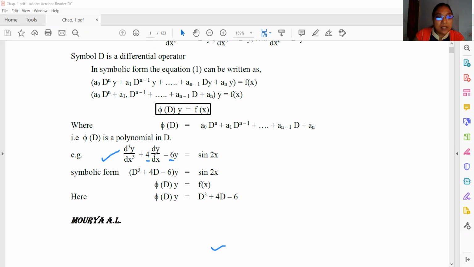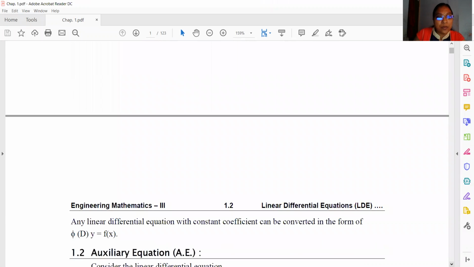When you replace d/dx by capital D and d³/dx³ by D³, we have this equation in the form phi(D) y equal to f of x, where D³ plus 4D minus 6 is phi of D, and the function f of x is sin 2x. In this way, any linear differential equation we can put in the form phi(D) y equal to f of x.